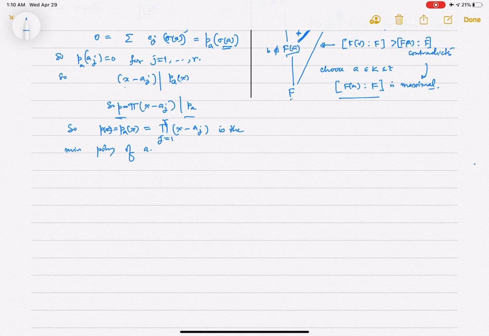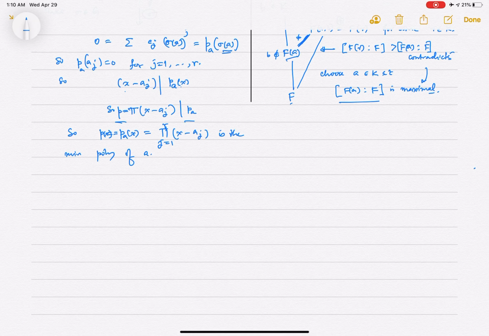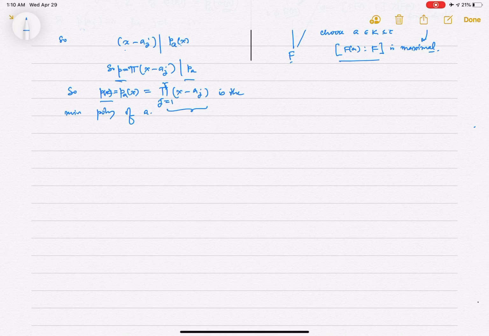But now you notice that this minimal polynomial has all distinct factors, so distinct roots. So the minimal polynomial of each a in K has distinct roots, right here: a_1, a_2, ..., a_r. So that's the definition of separability: K over F is separable.